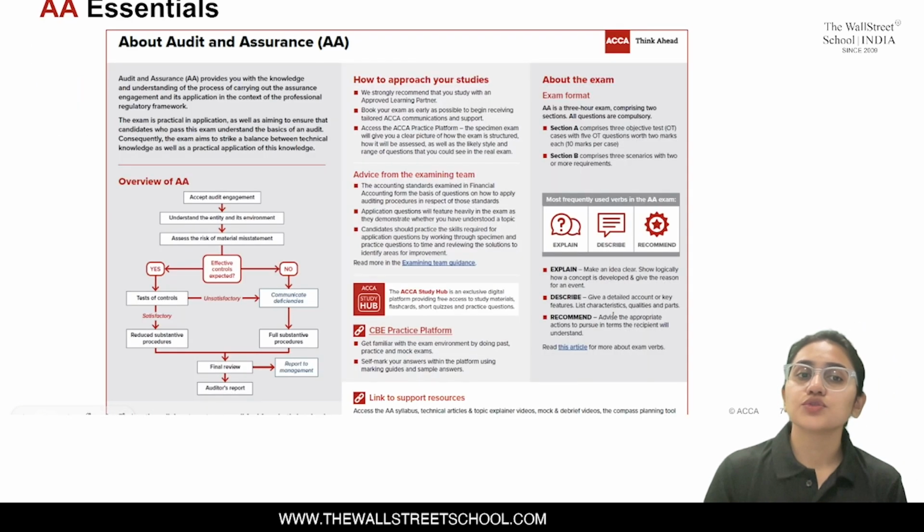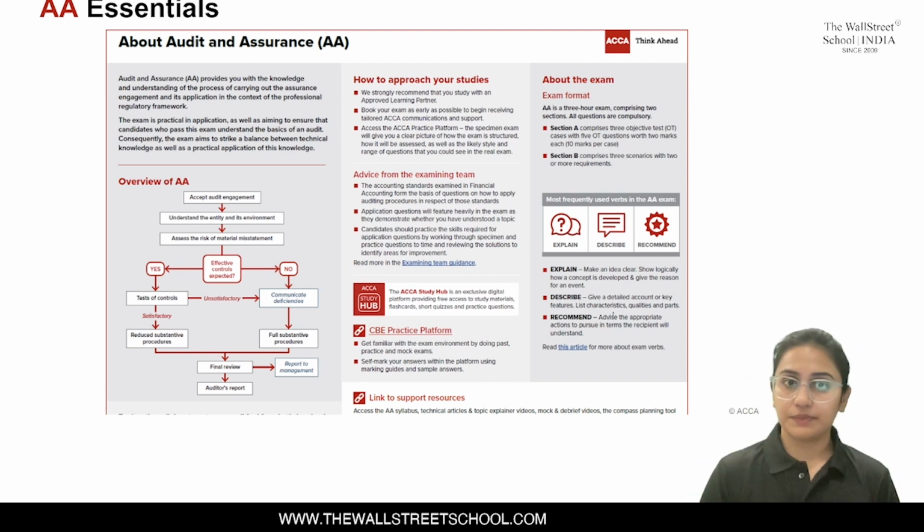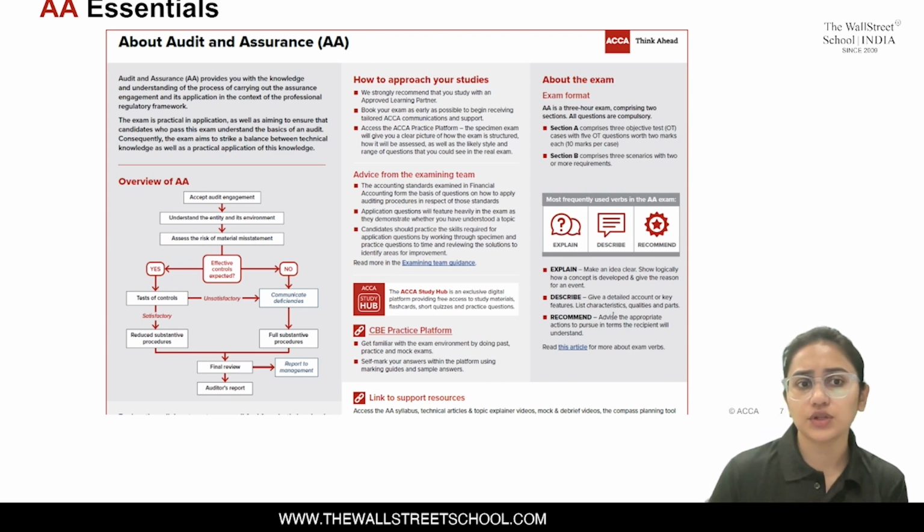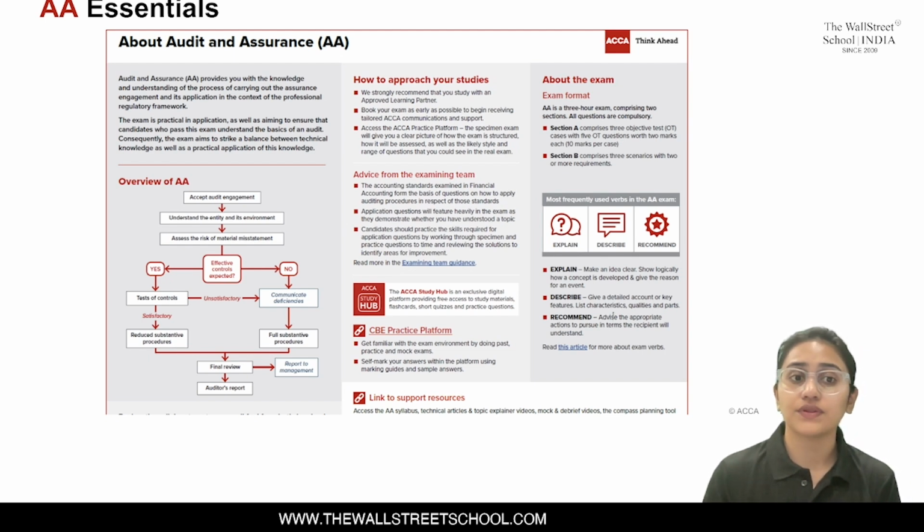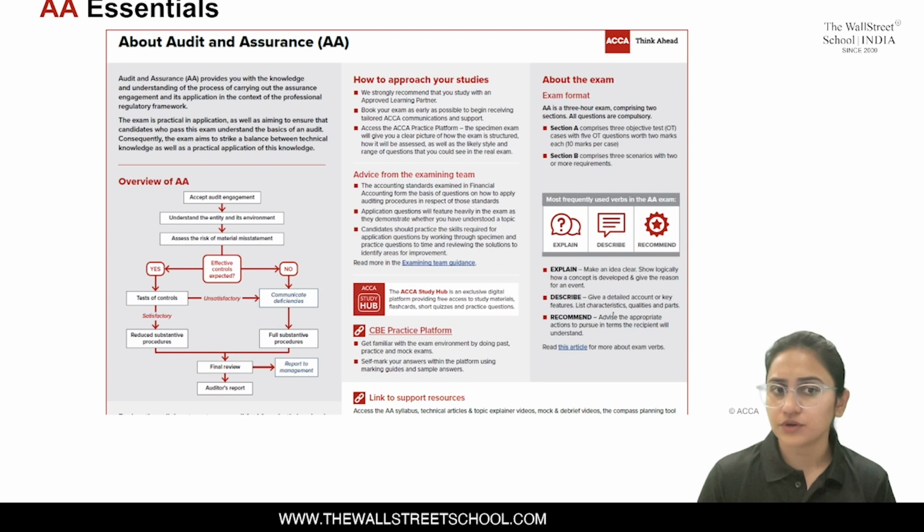Now, essentials of AA. Please don't get scared by looking at this big page. It's just what is required and an overview of your AA. First of all, audit and assurance provides you with the knowledge and understanding of the process of carrying out the assurance engagement and its application in the context of professional regulatory framework.